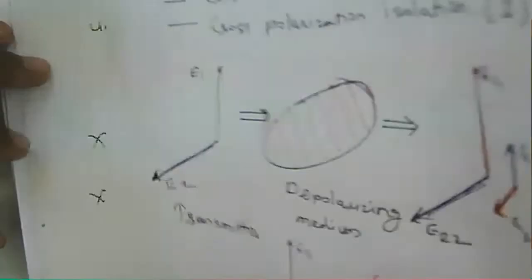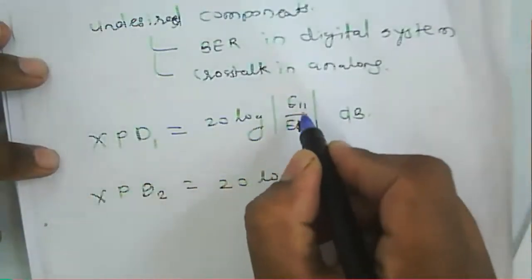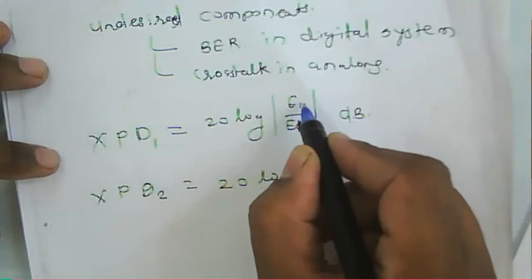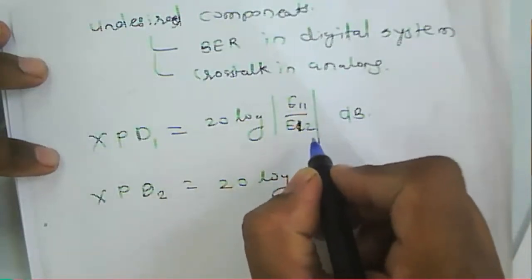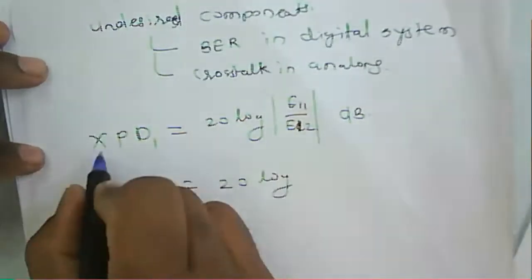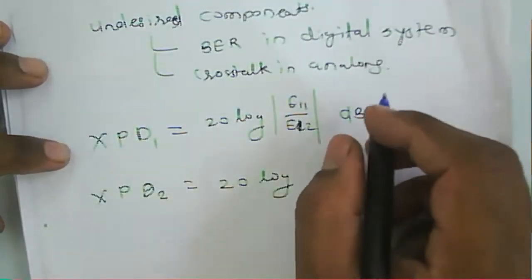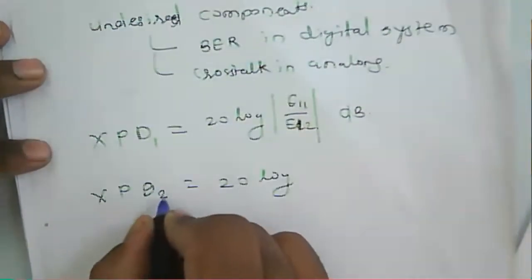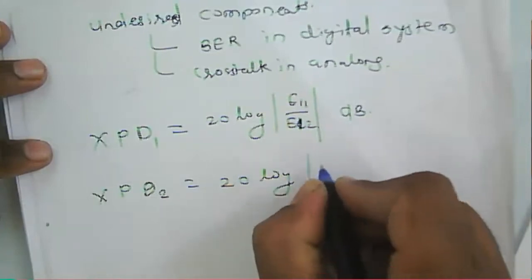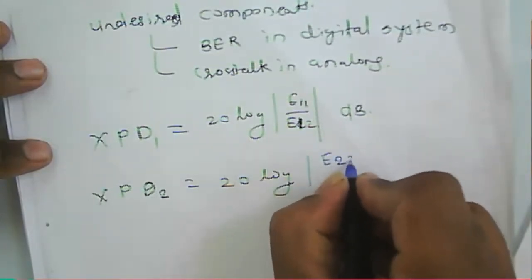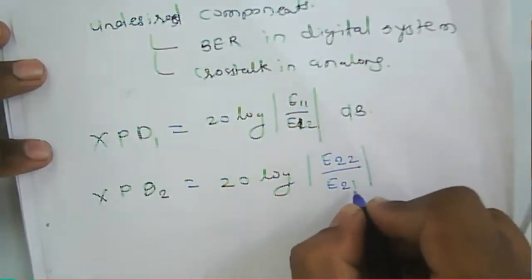So XPD1 is equal to 20 log of E11, the desired component, over E12, the undesired component, for E1, the vertical component. Similarly for the horizontal polarized wave, XPD2 is equal to 20 log of the desired component E22 over E21, the undesired component.